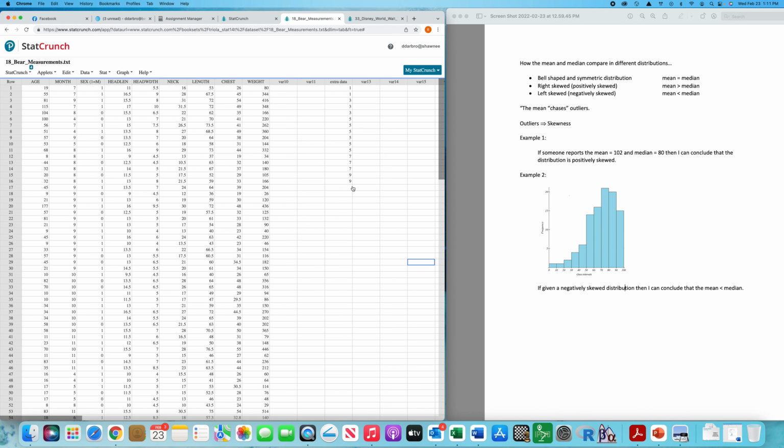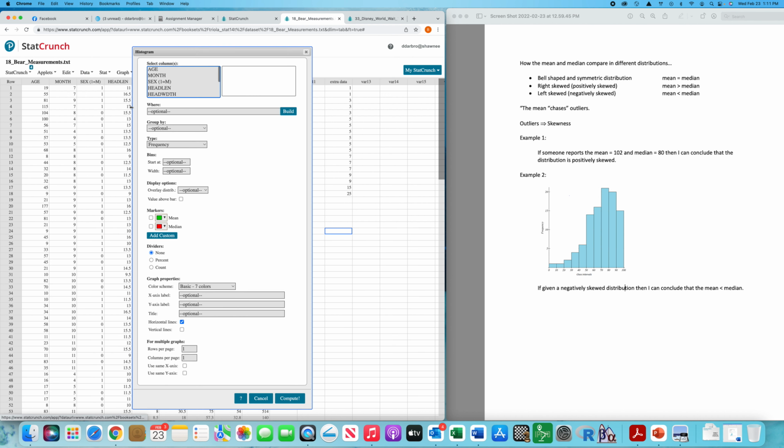Now, let's add some outliers. I would suspect that 15 is going to be an outlier, and I would suspect that 25 is definitely going to be an outlier. So again, outliers cause skewness. Let's look at a graph now of the histogram, the same data set, but now with 15 and 25 added, and we'll look at the mean and the median markers.